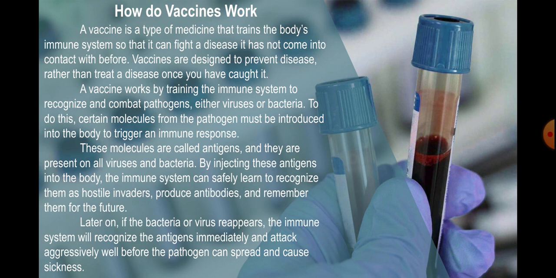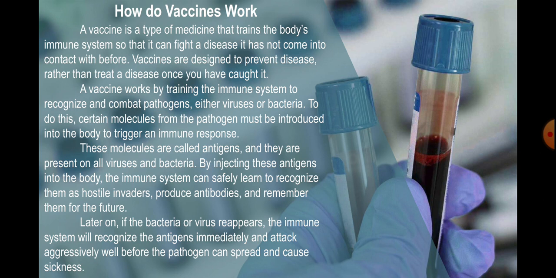A vaccine works by training the immune system to recognize and combat pathogens, either viruses or bacteria. To do this, certain molecules from the pathogens must be introduced into the body to trigger an immune response. These molecules are called antigens, and they are present on all viruses and bacteria.